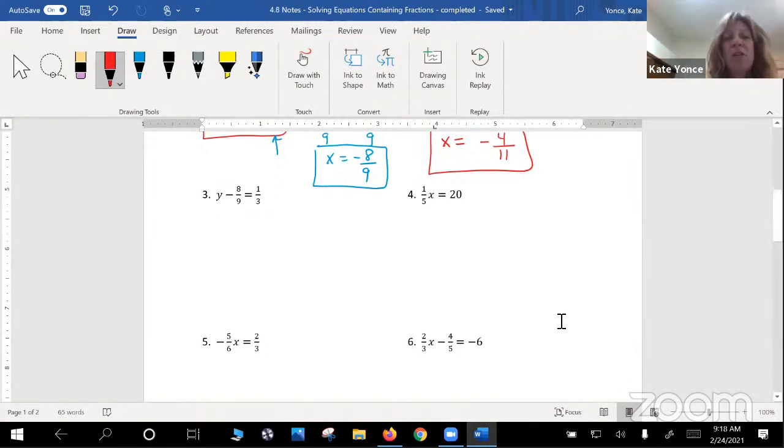All right. So for number 3, our first step is to look at whatever fractions we have in there and find the LCD. So what is the least common denominator in this problem? 9. 3. So Patches, you said 3. Erica, you said 9. Yeah.